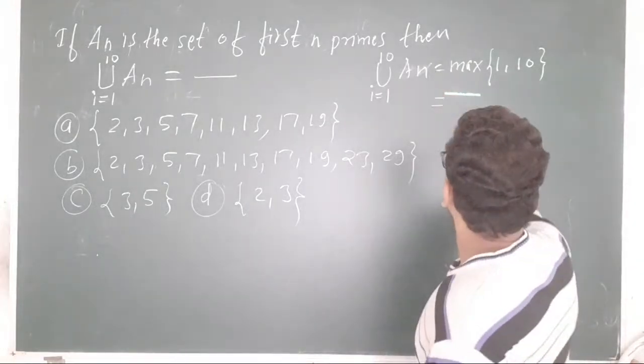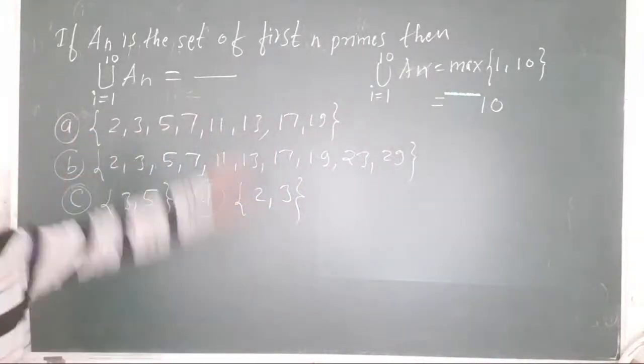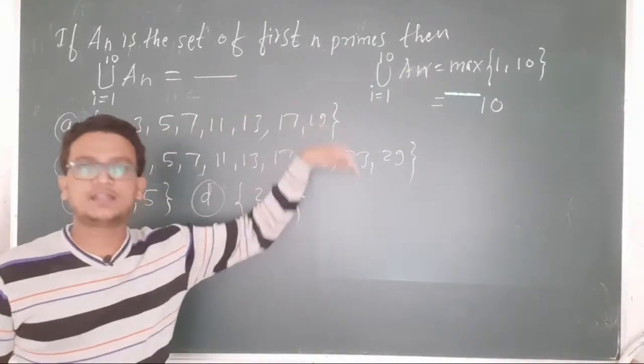So what is the maximum of 1 and 10? It is 10. That means set AN contains how many elements?